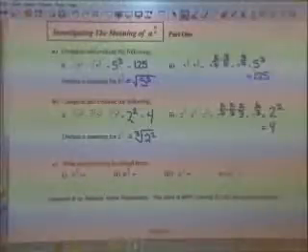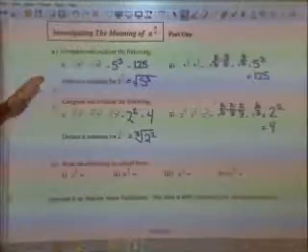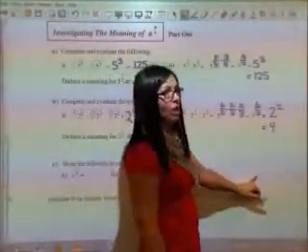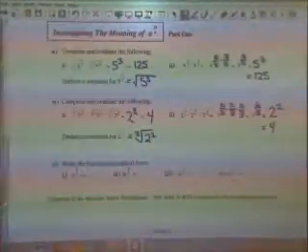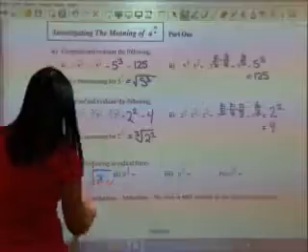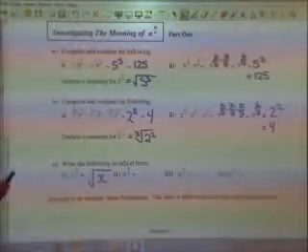So what I'd like you to do is use these two statements and the conclusions to express the following in radical form. So if I have x to the power of 5/3, if I was to put my radical like that, where does the 5 go and where does the 3 go?